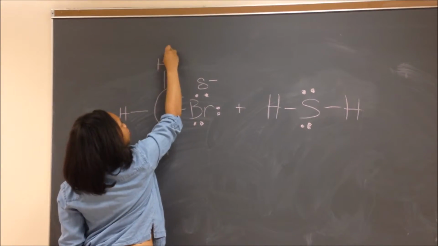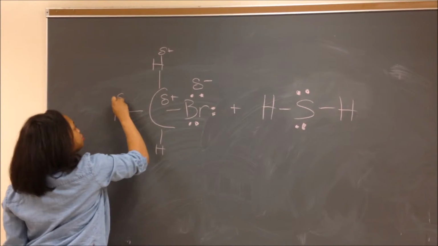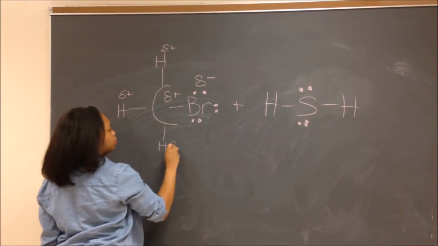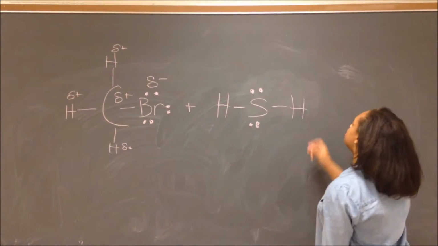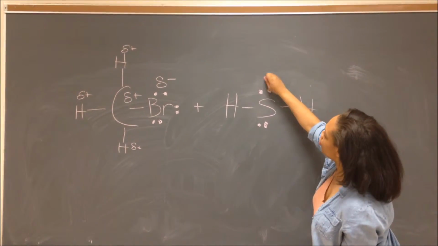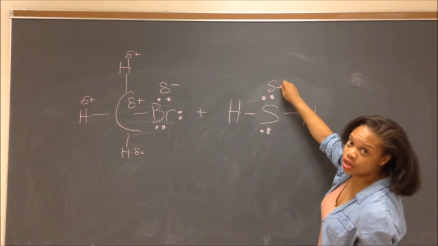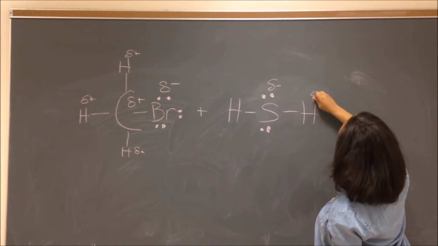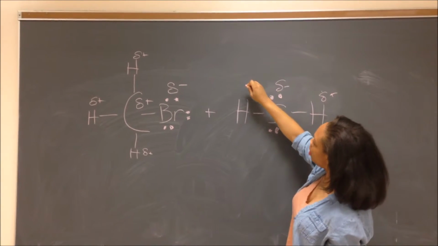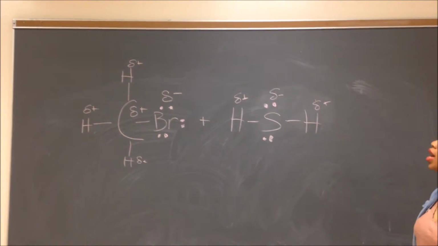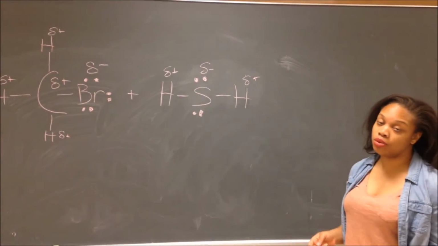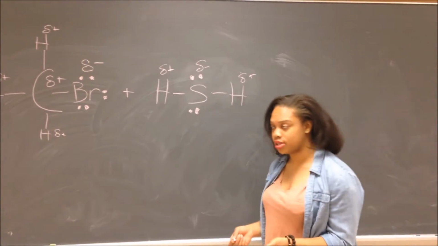And then the 3 H's will also have smaller partial charges. In this molecule, sulfur will have a partial negative charge. Hydrogen will have partial positive and partial positive.